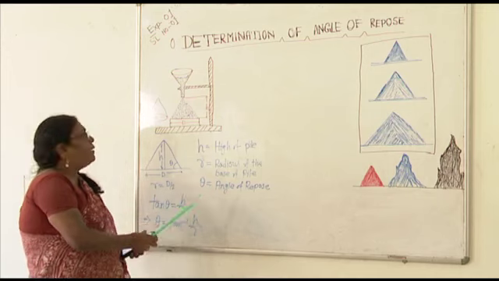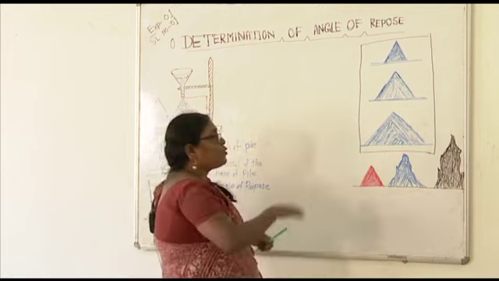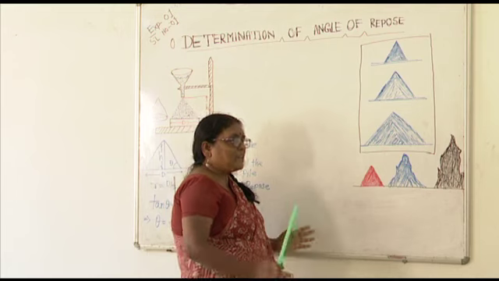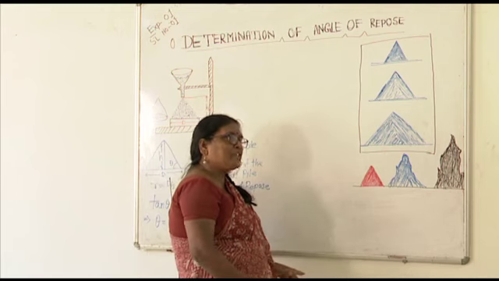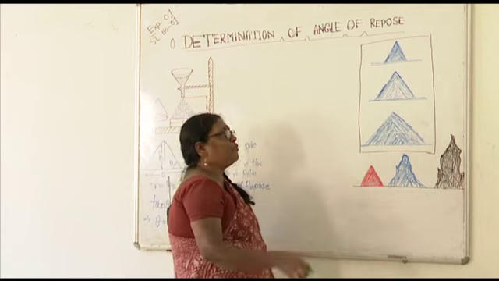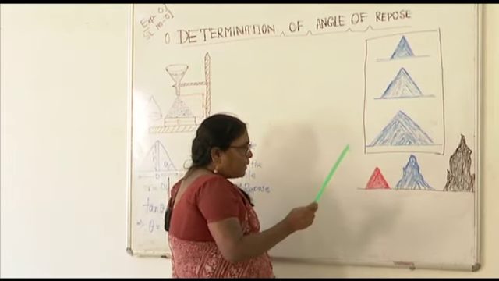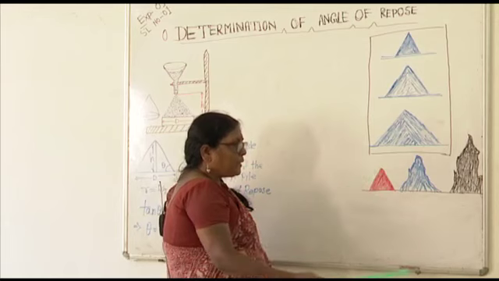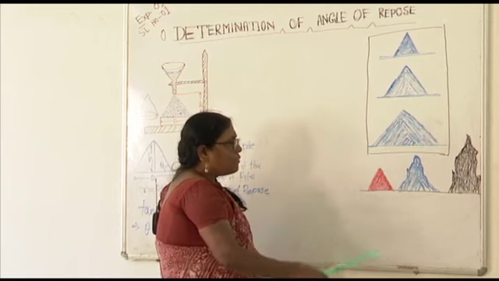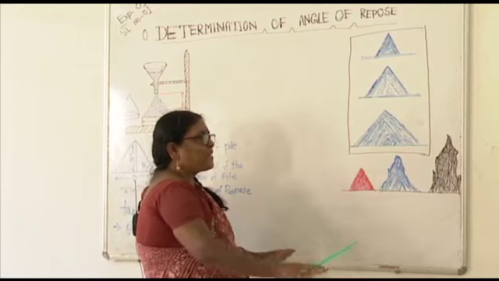So, two things I want you to note. One is the materials should flow on their own, not in a sack. The cement kept in the sack will have the shape of the sack. But if you allow the cement to flow freely through a stem, it will take this shape. If you allow the sand to flow through it, it will take this shape. Any fine material, if you allow it to flow freely, doesn't make flat surfaces.